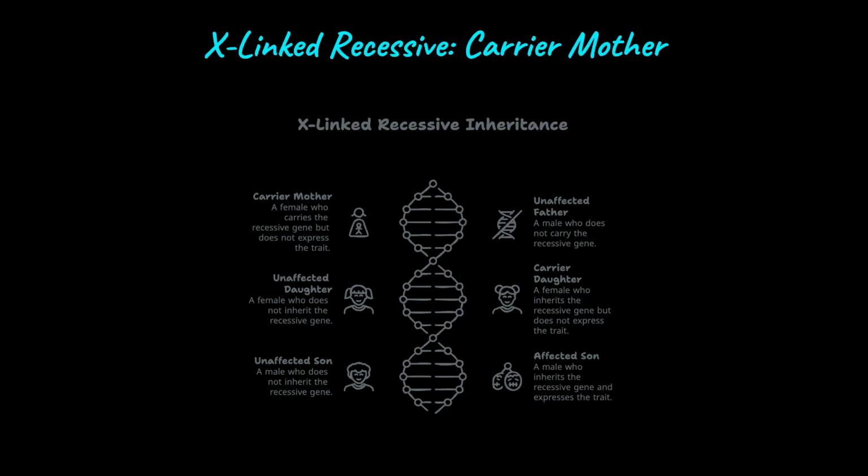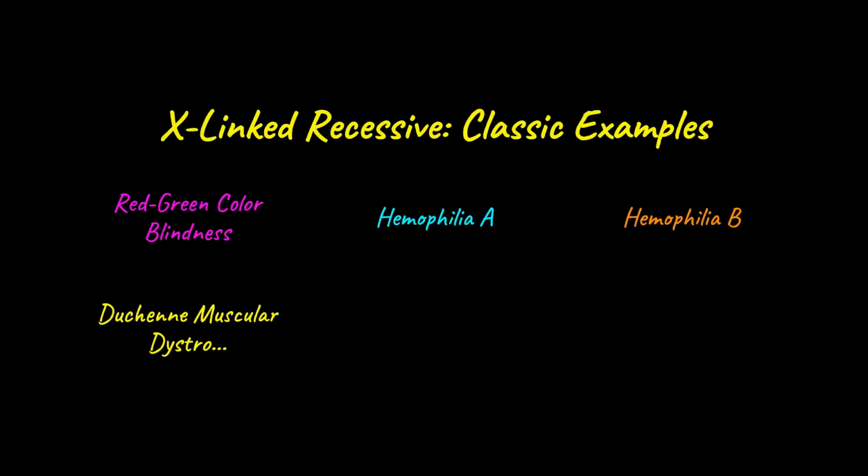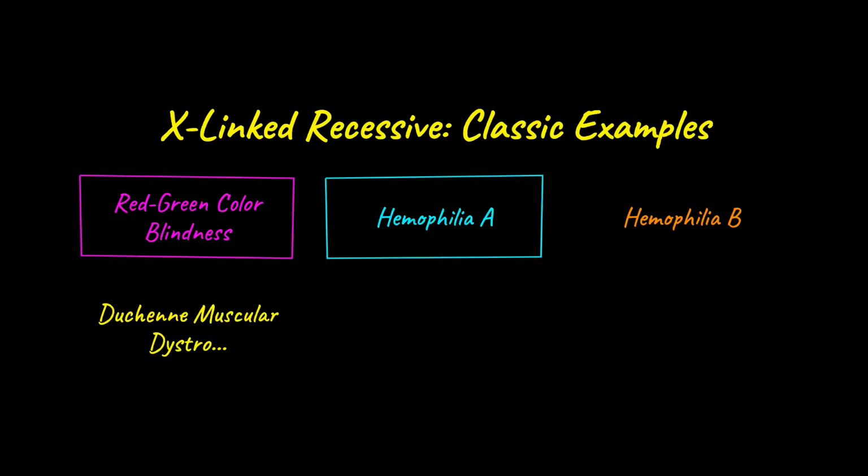That same recessive X passed to a daughter typically produces a carrier, not an affected individual, because the daughter's other X usually carries the dominant allele. Classic X-linked recessive conditions include red-green color blindness, hemophilia A, hemophilia B, and Duchenne muscular dystrophy.